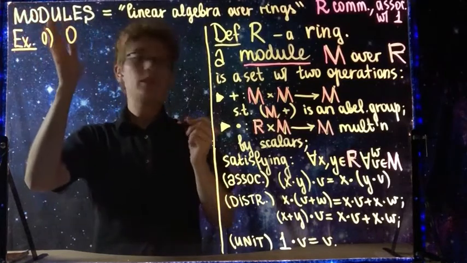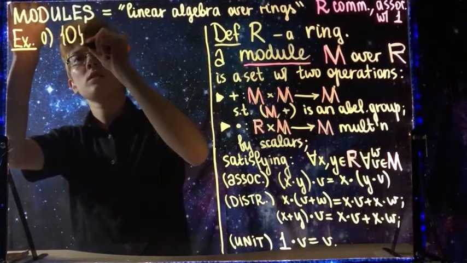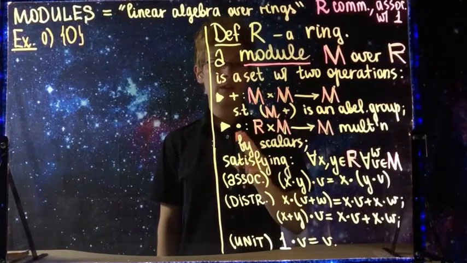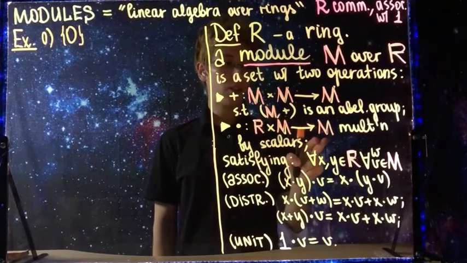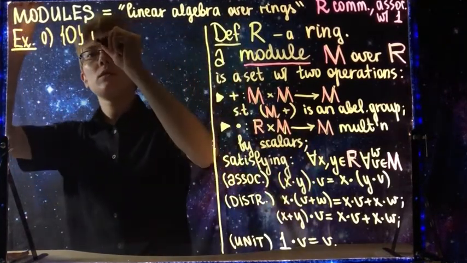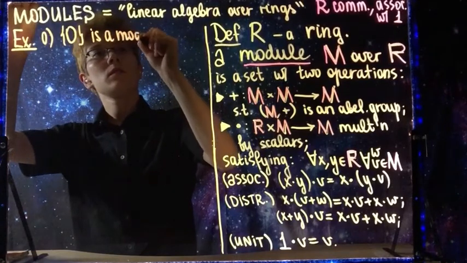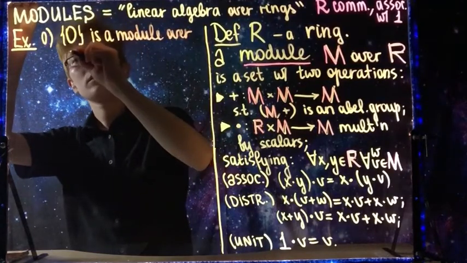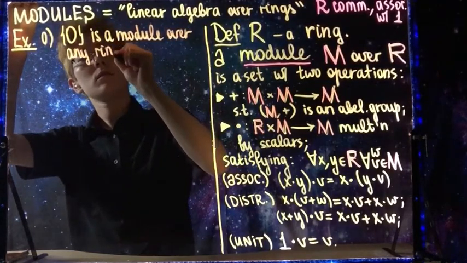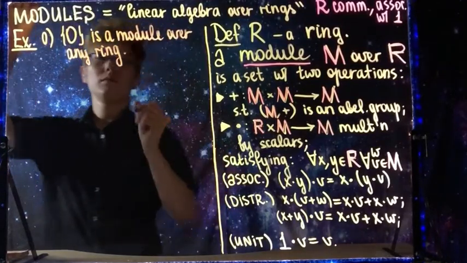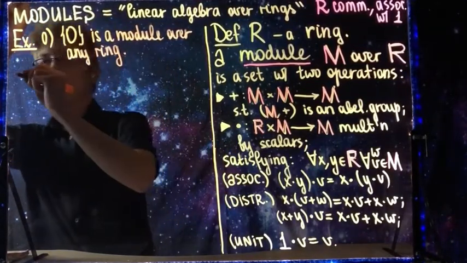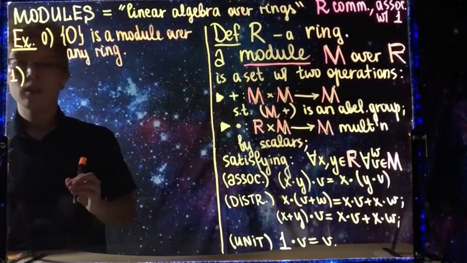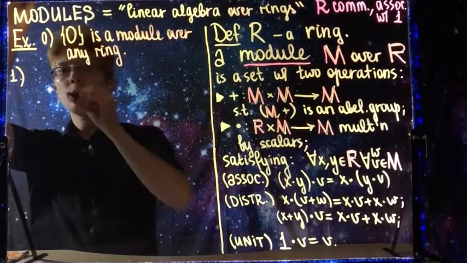The zero module, which consists of one element, 0, and when we multiply by something, everything gets sent to 0. 0 is a module over absolutely any ring. Okay, so some less trivial examples.